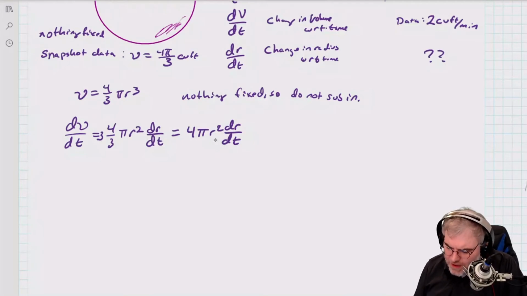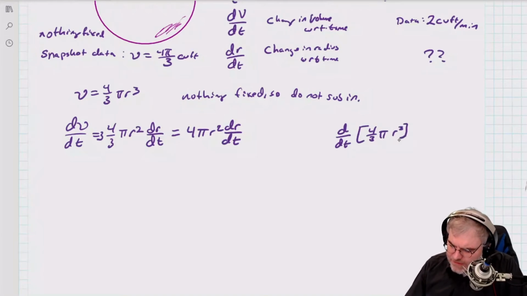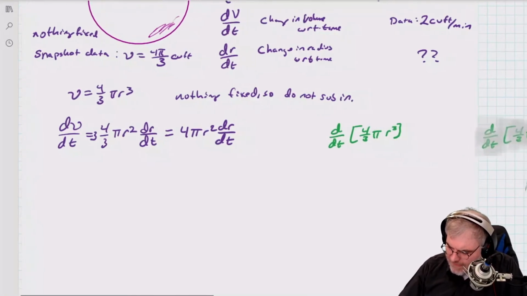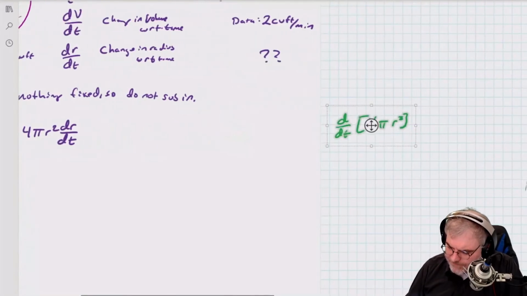It's r squared because I took the derivative of r cubed, right? So this is a chain rule here. What I actually had was d over dt of 4/3 pi r cubed, and this thing right here is moving. Let's do that on the side.